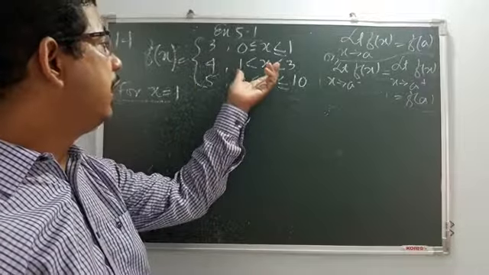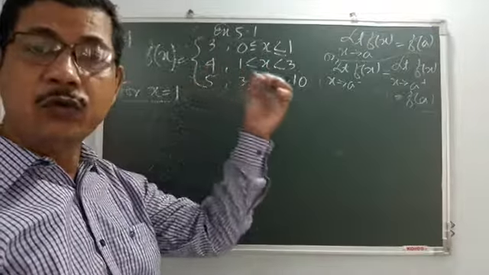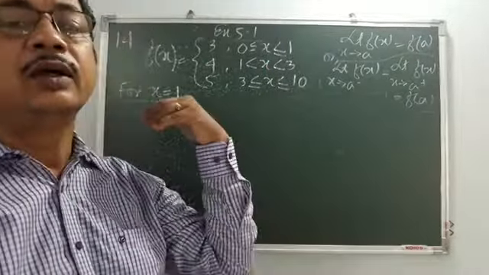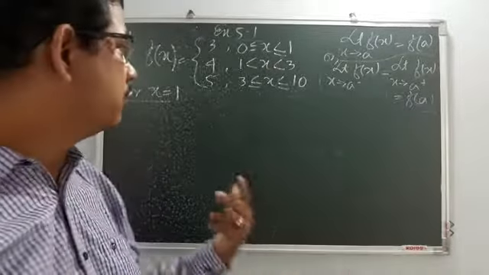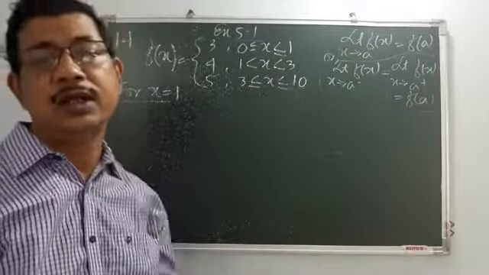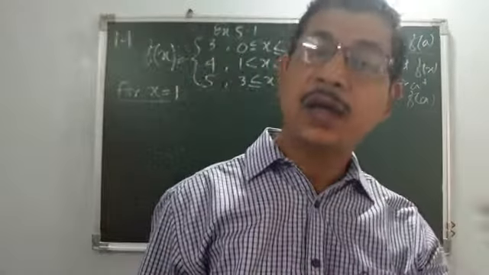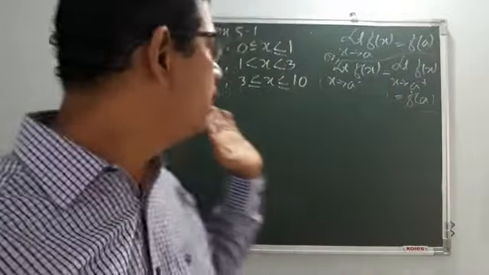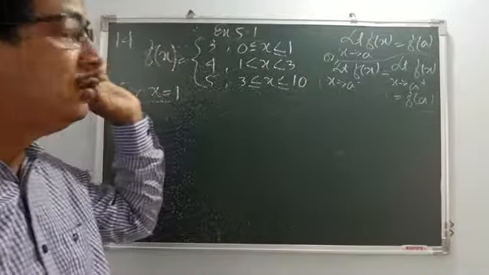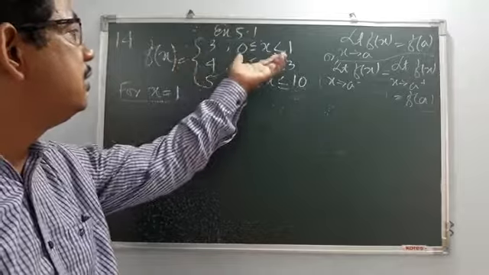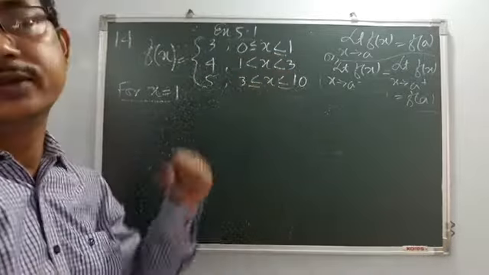In 1 to 3, the value is 4, which is the value of f(x), a constant polynomial function, so it is continuous. In between 3 and 10 the value given is 5, it is also continuous. So you will not find any discontinuous point in these ranges.